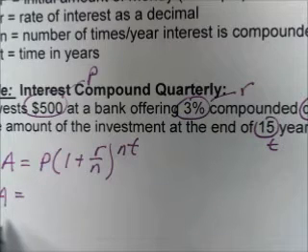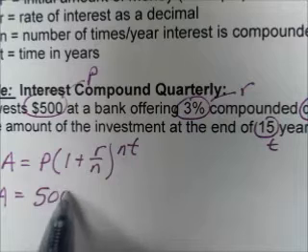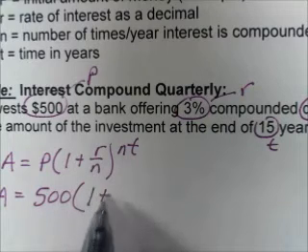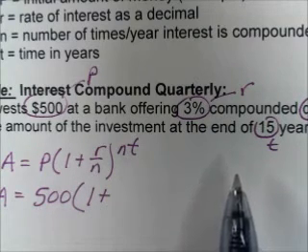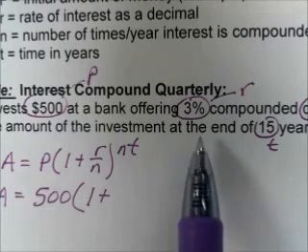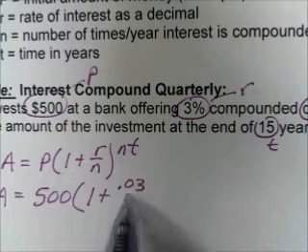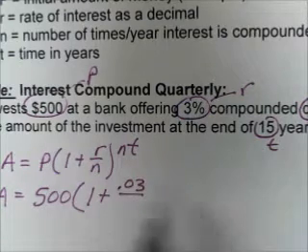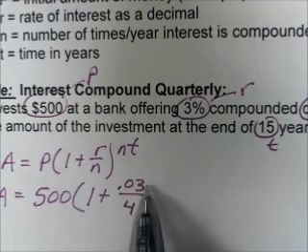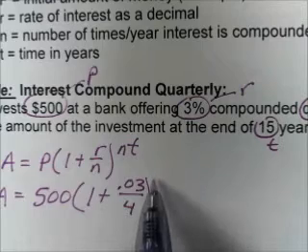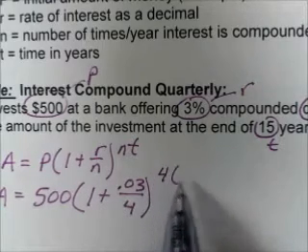So the final amount, A, would equal the initial amount, 500, times 1 plus 3% as a decimal is 0.03, divided by quarterly, our n value is 4, raised to the 4 times 15.